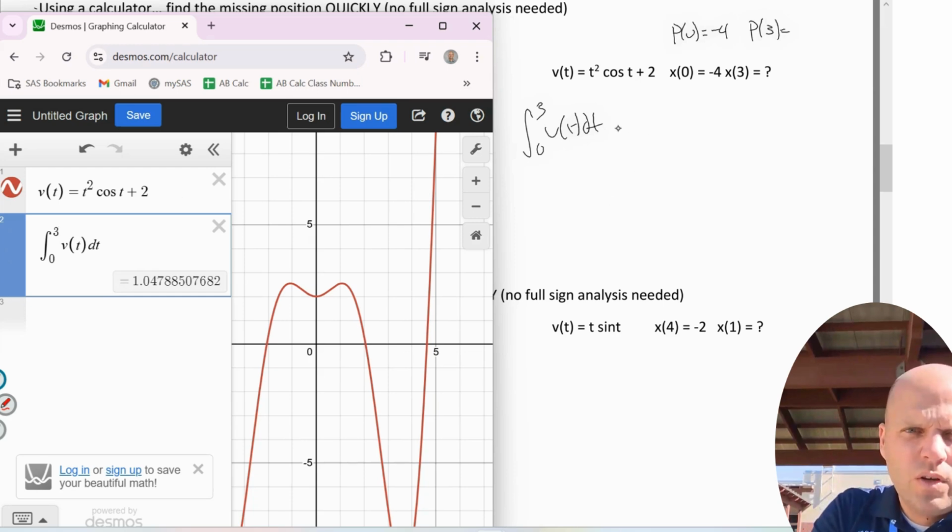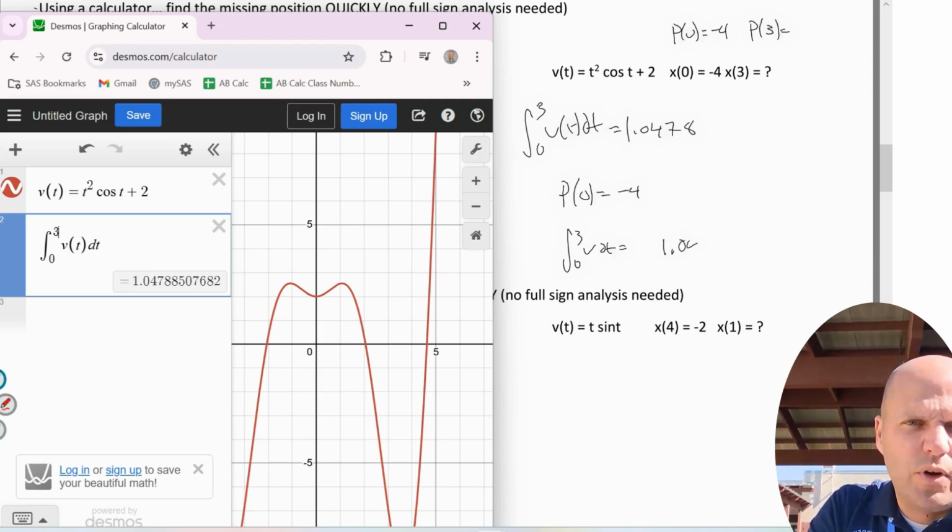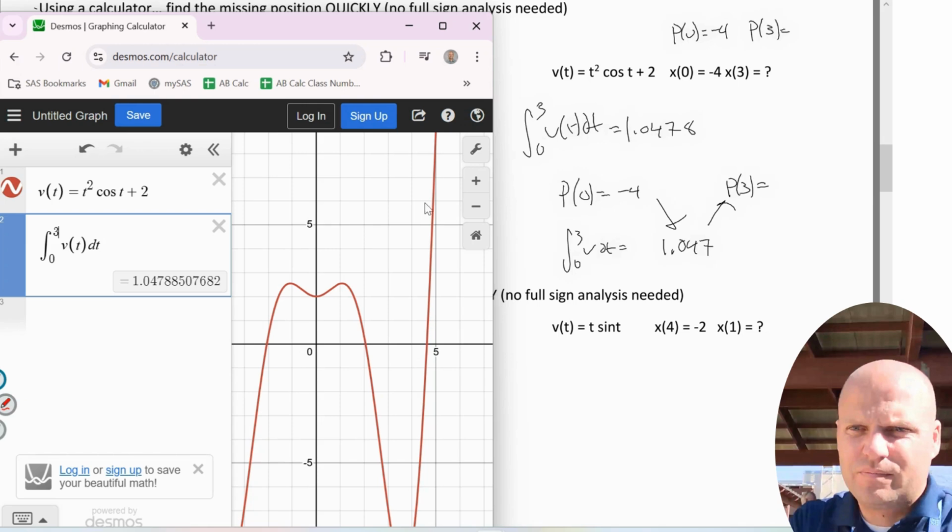Cool. 1.0478. So my position at 0 is negative 4. My displacement, my accumulation of P prime, is 1.047. Add that to get your position at time 3.